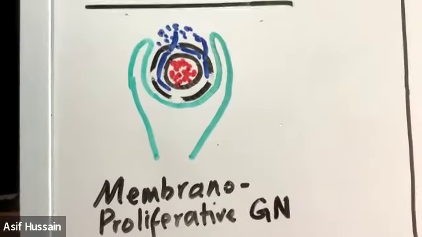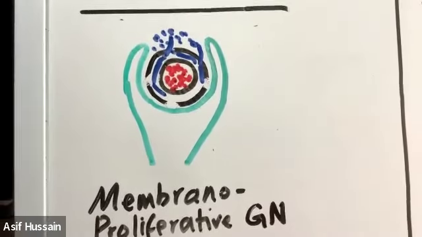Now, C3 protein is part of the normal complement system in every human body, but it doesn't cause C3 nephropathy in everyone. So there are some predisposing factors for patients who get C3 nephropathy. Remember, C3 is a part of the alternate pathway, which is ready to fight, ready to become active.